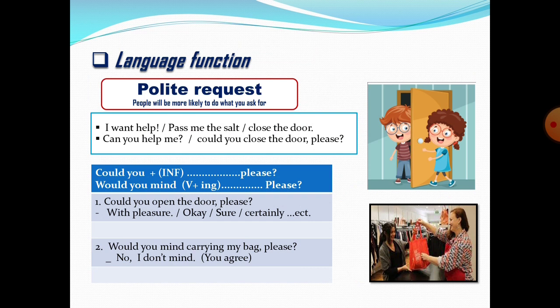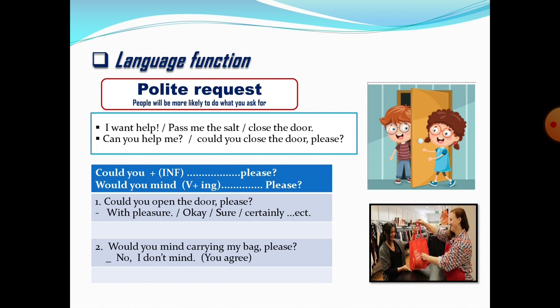The second one, would you mind carrying my bag, please? So we can see the verb with ing form, carrying, is used after mind. So can I say, would you mind help? It is incorrect. I have to say, would you mind helping?